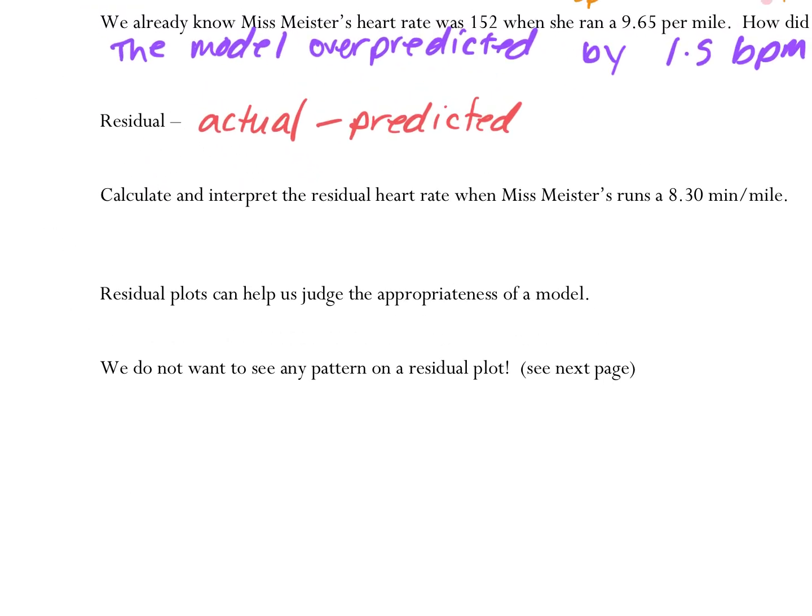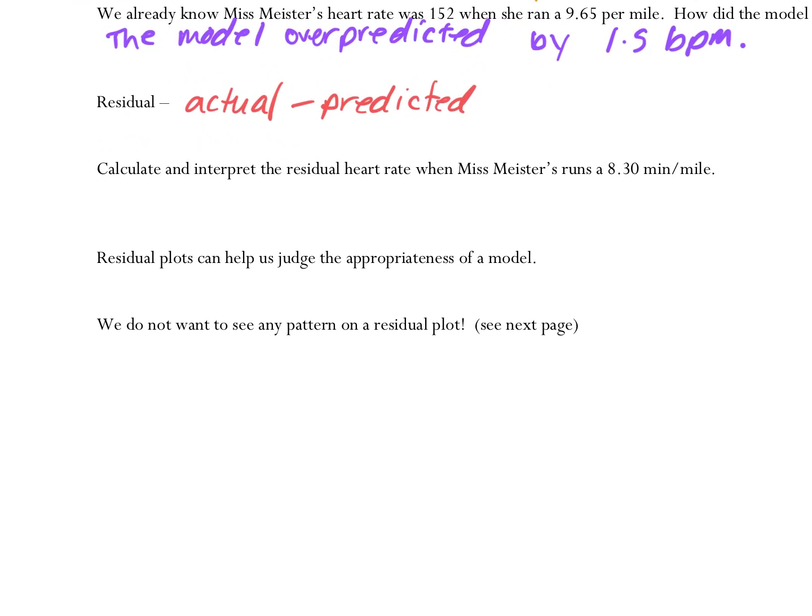So if I ask you guys, could you calculate and interpret the residual for a point in which I ran an 8.3 minute mile?